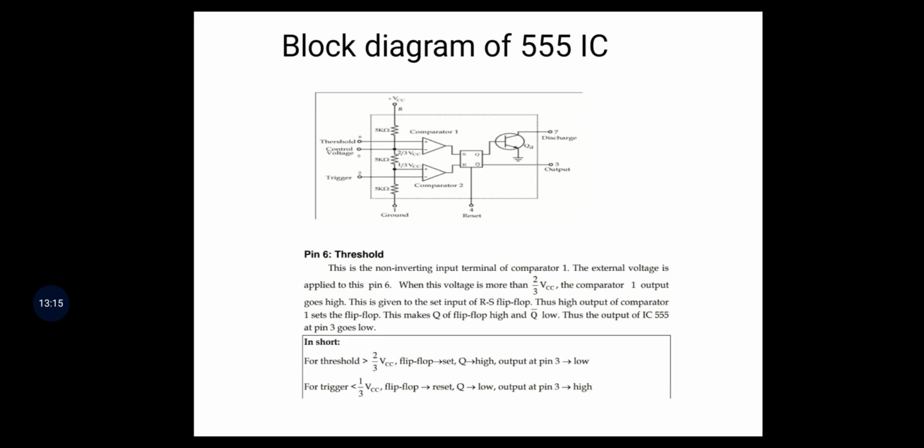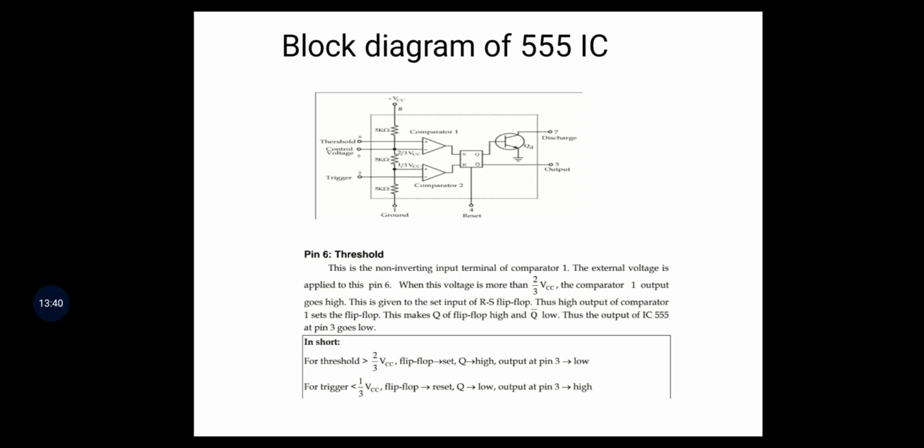When this voltage is more than 2/3 VCC, the comparator 1 output goes high. This is given to the set input of the RS flip-flop. Thus, the output of comparator 1 sets the flip-flop.